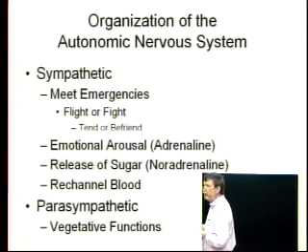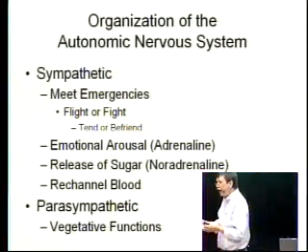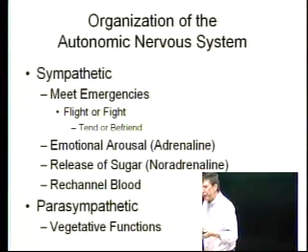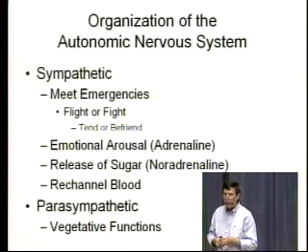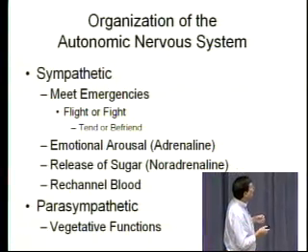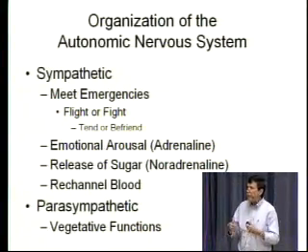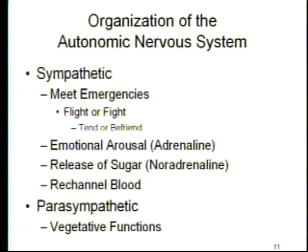By tend, what we mean is sometimes organisms will respond to emergencies by looking after the young, or looking after the injured. They don't flee, they don't fight, they tend other organisms in the group, or they will meet the emergencies by befriending, by helping some other organism in the group that's confronted by these stressors.